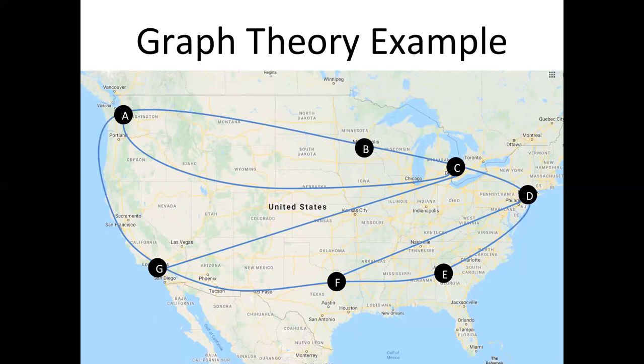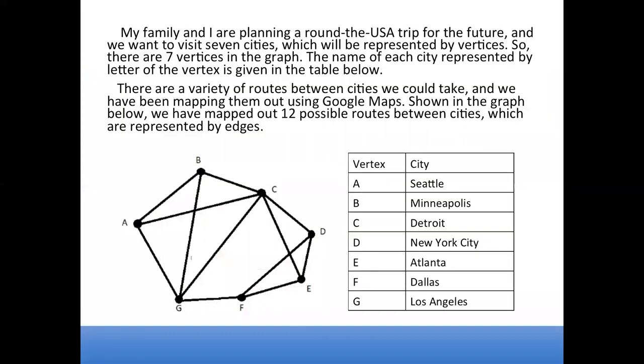I've added a few more edges and I've taken away that unnecessary context, that map in the background. I've also translated each of my cities to letters and noted those in the table.